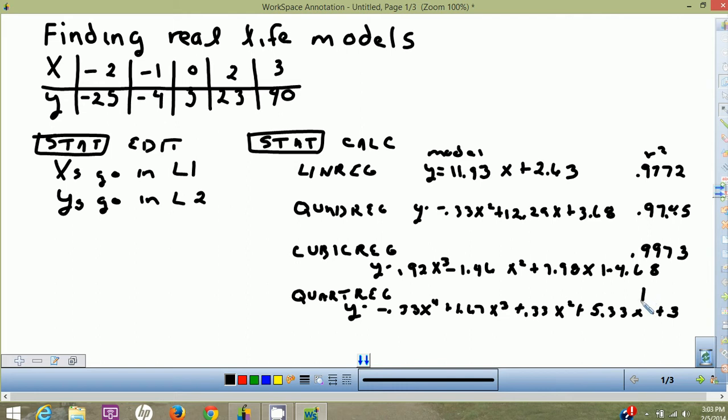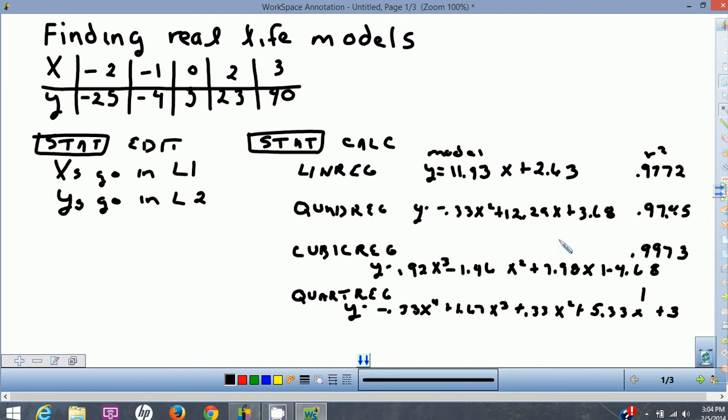All right, so if I was asked specifically to find a cubic model, this would be my answer. If I was asked to find a quadratic model, this would be my answer. But what if I was asked to find the best model? Which one of these is the best?